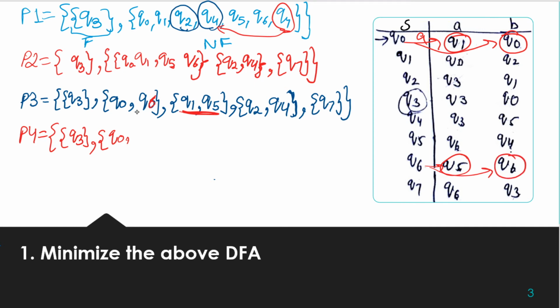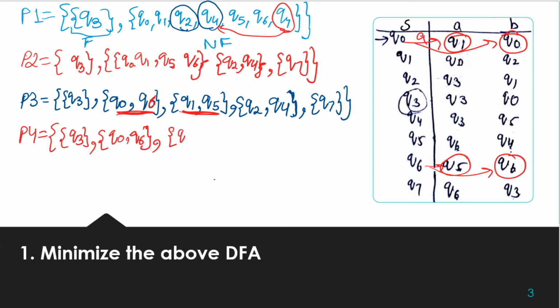Q0 and Q6 are also part of the same group in the previous partition. So yes, Q0 and Q6 are also compatible for partition 4. This group is closed as we have no more states to check in this group.